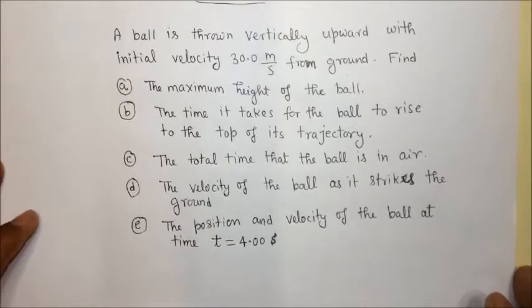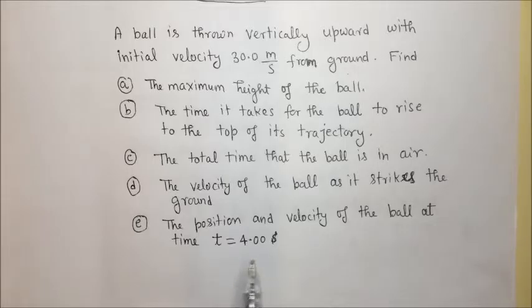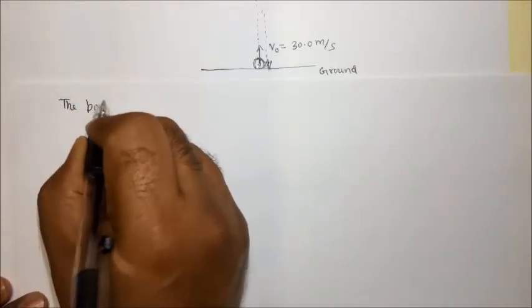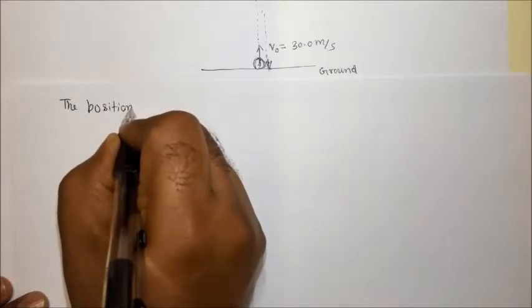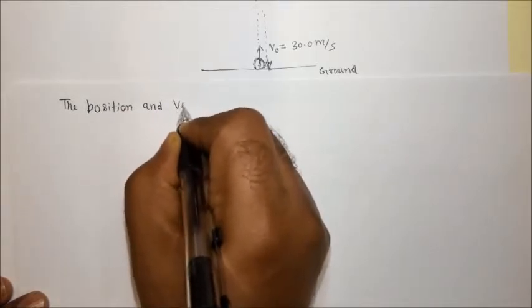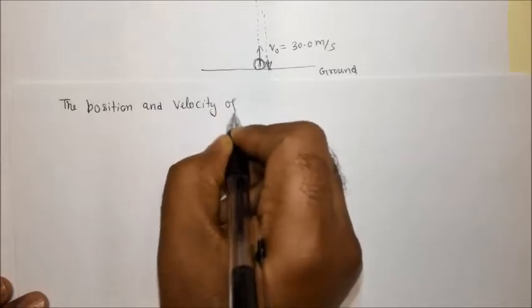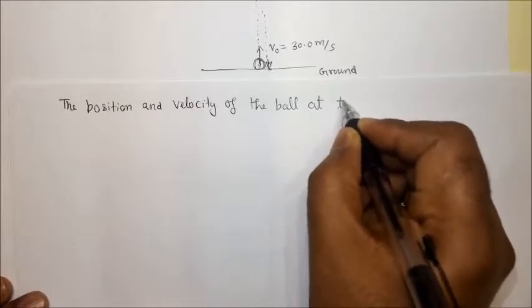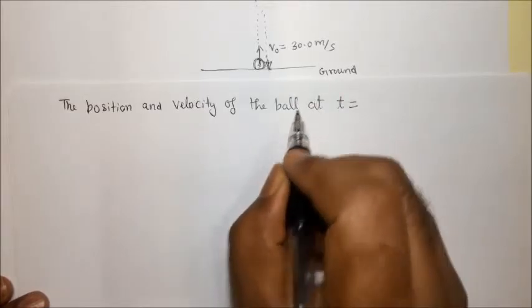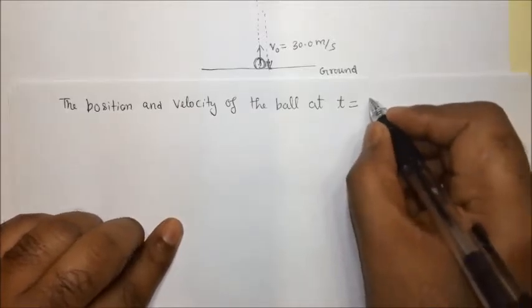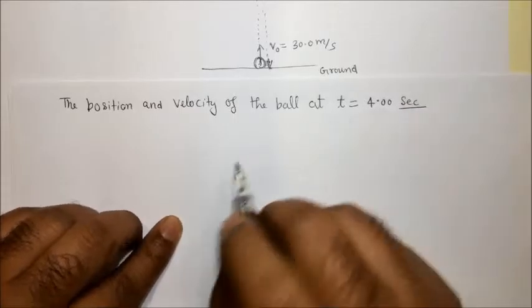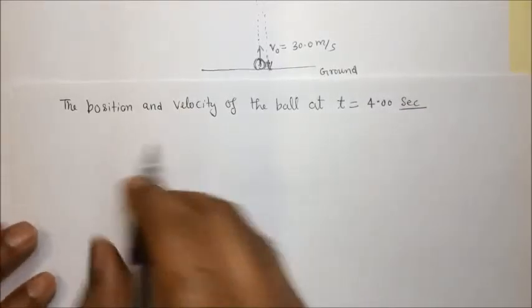The last one is part E. The position and velocity of the ball at t is equal to 4 seconds. The position and velocity of the ball at t is equal to 4.00 seconds.